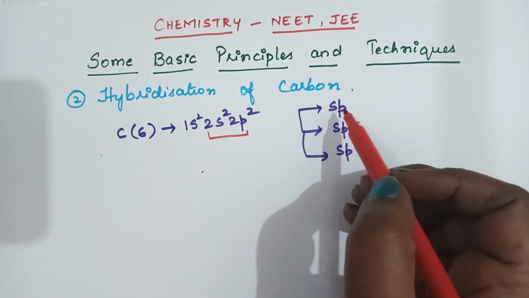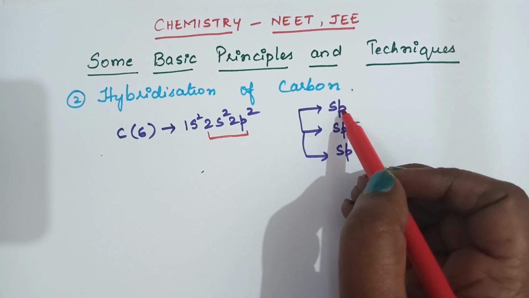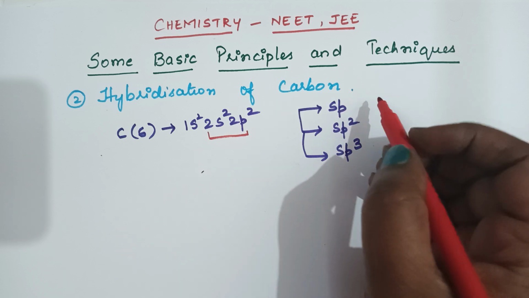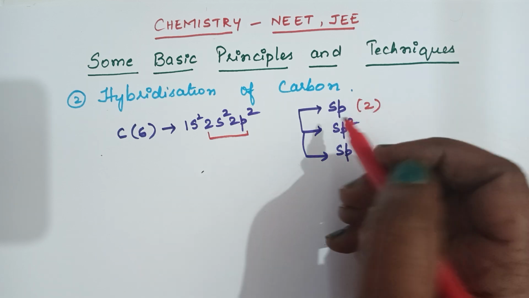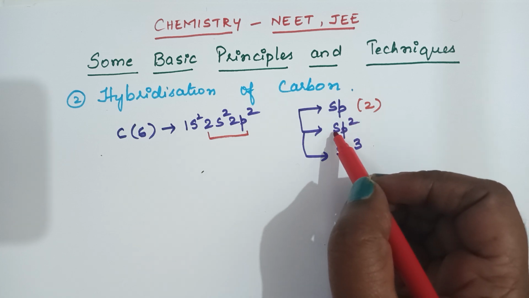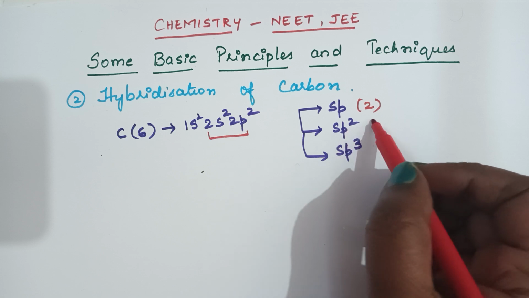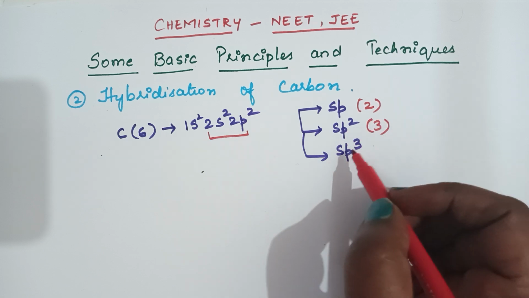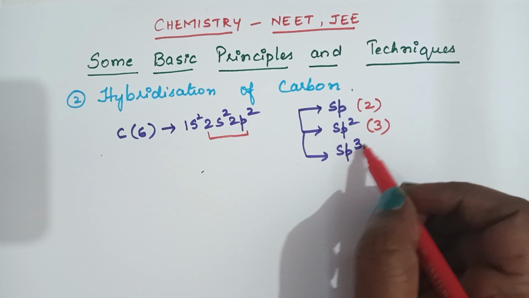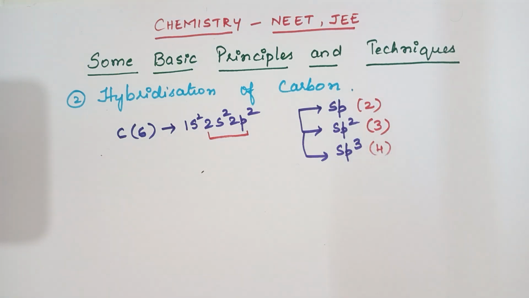Students, how many orbitals are involved? In sp, one s orbital and one p orbital, totally 1 plus 1, there are 2 orbitals involved in hybridization. In sp2, 1 s orbital and 2 p orbitals, so totally 1 plus 2, it will be 3. In sp3, 1 s orbital and 3 p orbitals, it will be 1 plus 3, which is equal to 4.